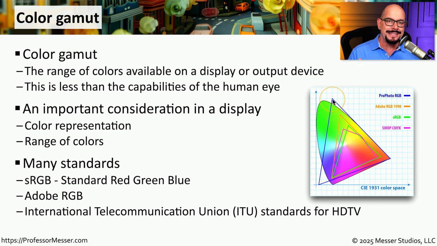A display that says it is sRGB compatible is one that can display this range of colors. We have a similar set of standards we can apply from Adobe with the Adobe RGB, and the International Telecommunications Union, or ITU, also has a number of standards that you can use when trying to compare the capabilities of one display with the capabilities of another.